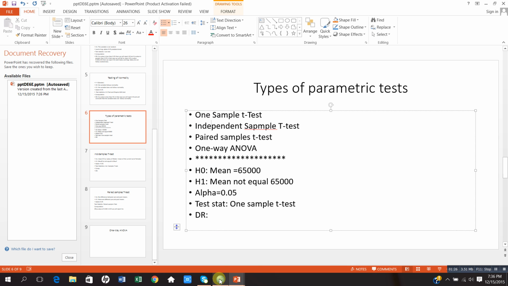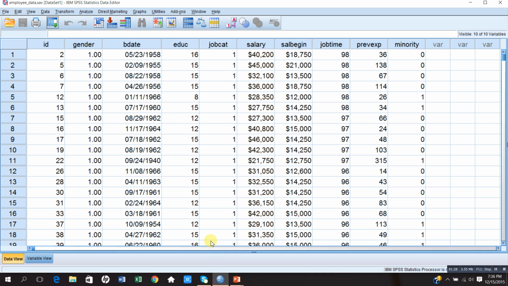So let me start with my data which is here. Suppose that I want to conduct some parametric test for this variable. Later on I will use these two variables. So this is salary and this is beginning salary. Beginning salary means this is the salary at the beginning of the job, and this is current salary maybe after a number of years.